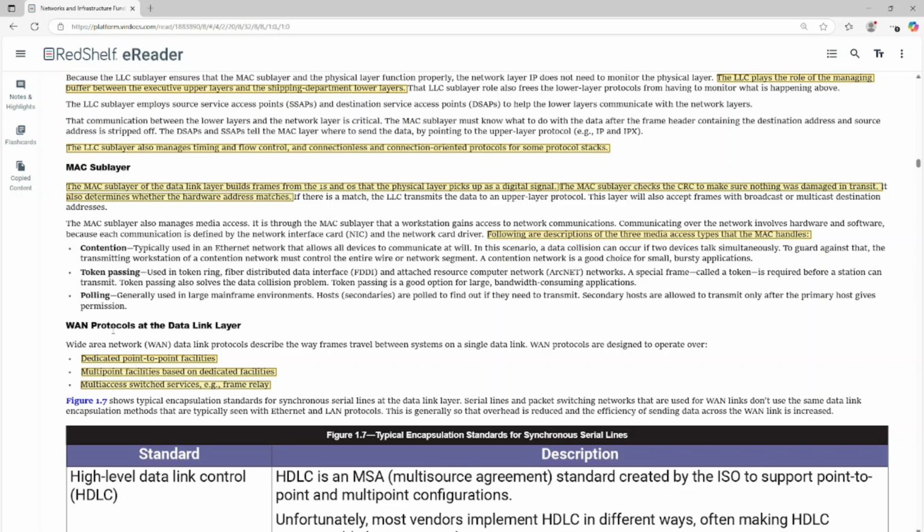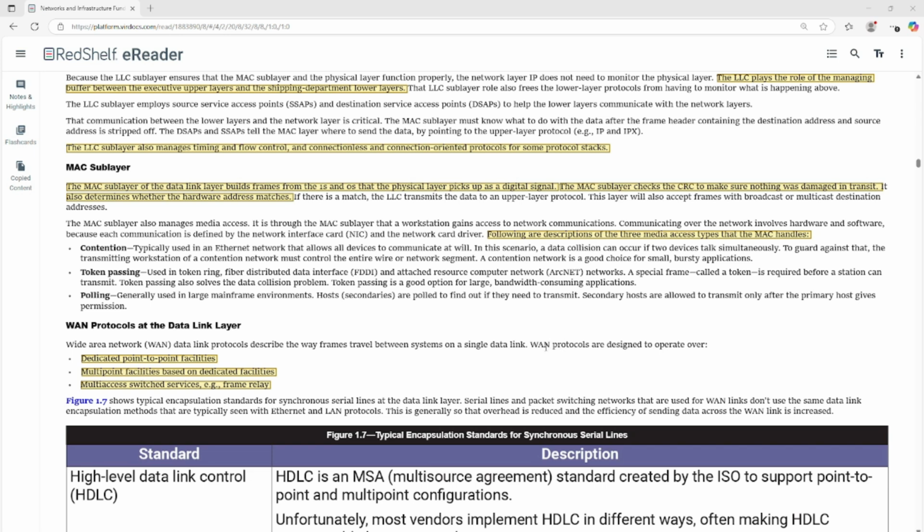Another piece on that data link control layer is that it contains the wide area network protocols, which describe the way frames travel between systems on a single data link.